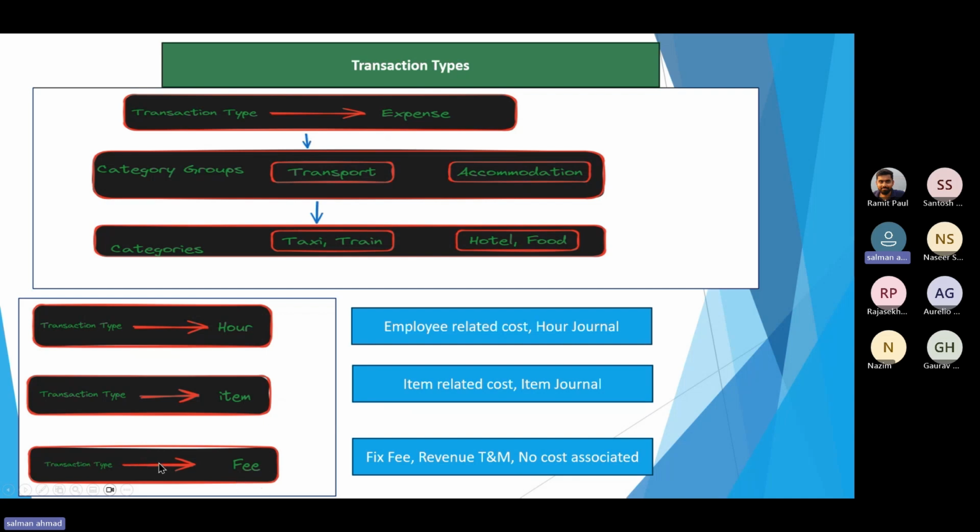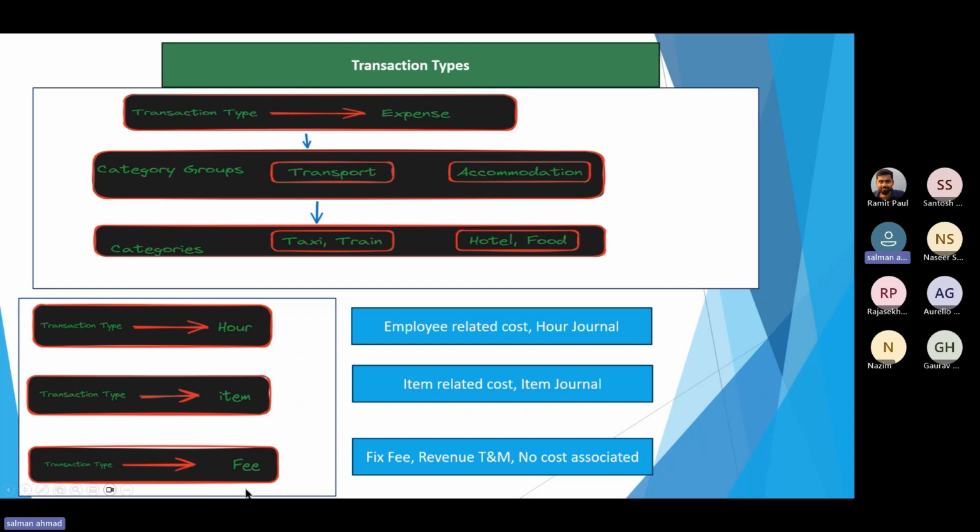And then we have this transaction type as fee. So basically, these transaction types don't have any cost associated to them at first. Okay, and after that, we use this particularly on the time and material projects. On top of whatever we agree with the customer, whatever the transactions for our item and expense we post, we will bill to the customer.